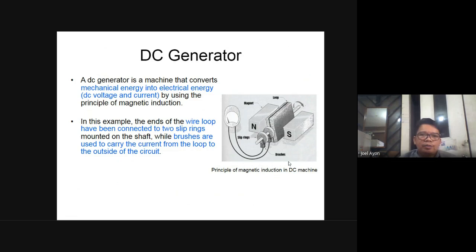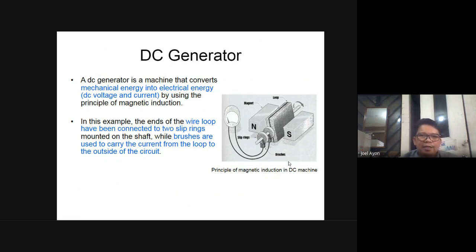Okay, so now let's proceed to the DC generator. Again, a DC generator is a machine that converts mechanical energy into electrical energy. So take note of that. Since our subject is DC machine, supposedly, not DC motor.